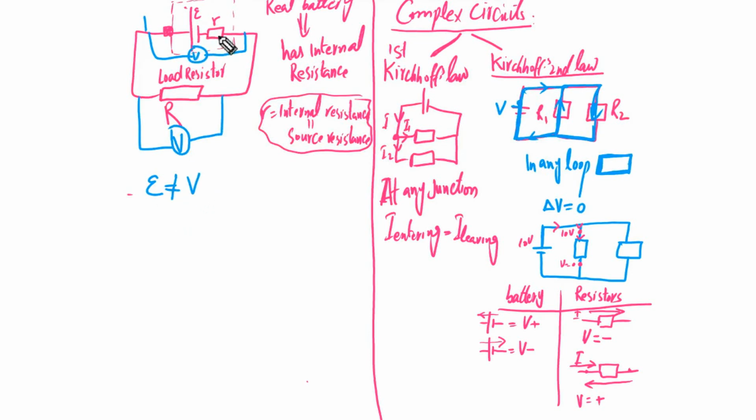Because some voltage is lost here. So EMF in this case is greater than V, because there is internal resistance.